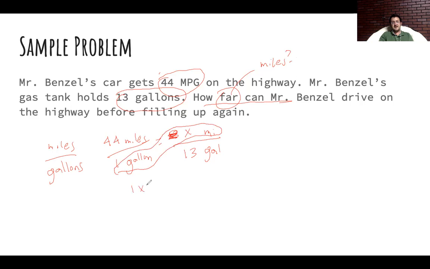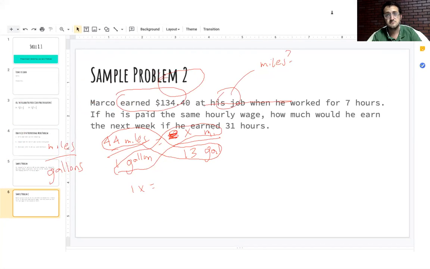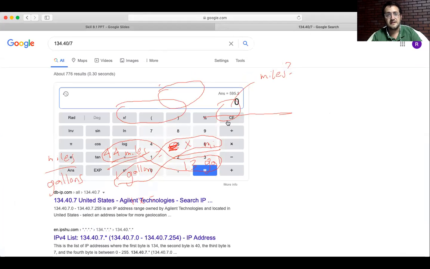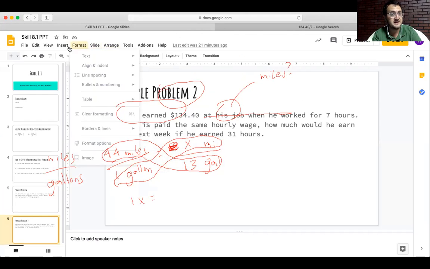I get 1x equals 44 times 13. And hold on a second, I'm just going to get my calculator here. That's 572. So I did 44 times 13.